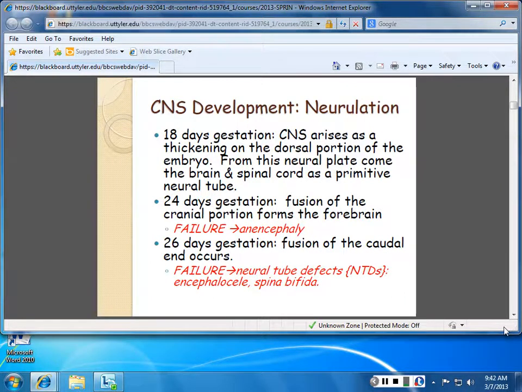If failure occurs in this stage, you're going to have an anencephalic infant. So this is 24 days into the pregnancy. At 26 days, 2 days later, the fusion of the caudal end occurs. If failure happens here, you're going to end up with a neural tube defect: spina bifida, myelomeningocele, whatever.